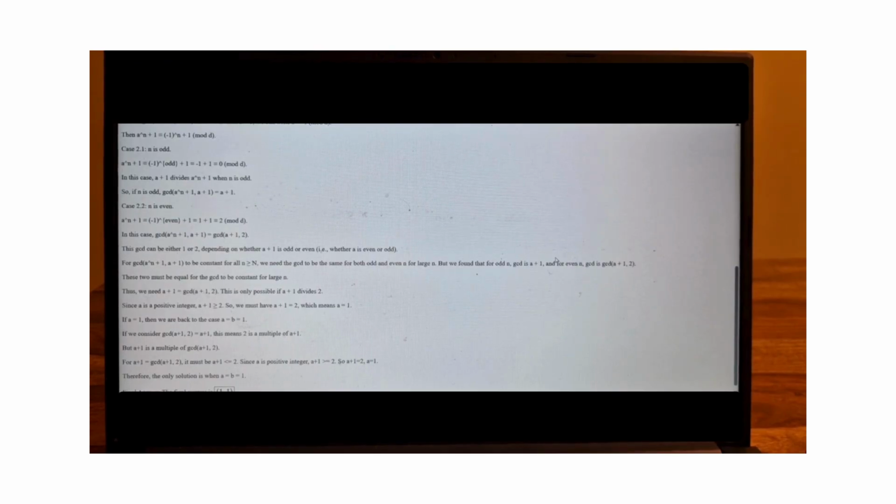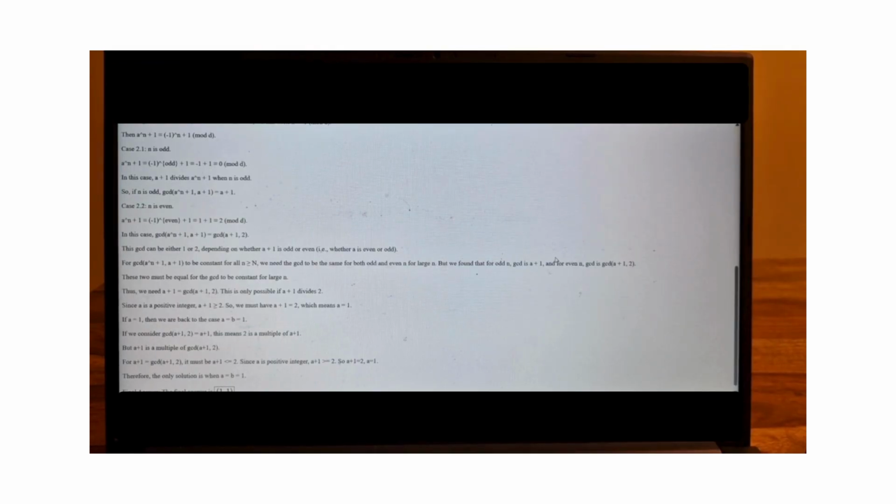These two must be equal for the greatest common divisor to be constant for large n. Thus, a + 1 equals the greatest common divisor of a + 1 and 2. This is only possible if a + 1 divides 2.